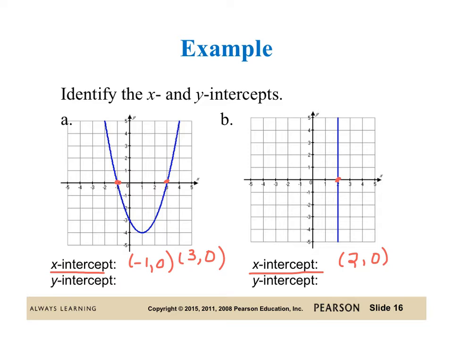Now we'll talk about the y-intercepts. The y-intercept of graph A is at 0, -3. But we notice on graph B, which is the vertical line, that there is no y-intercept.